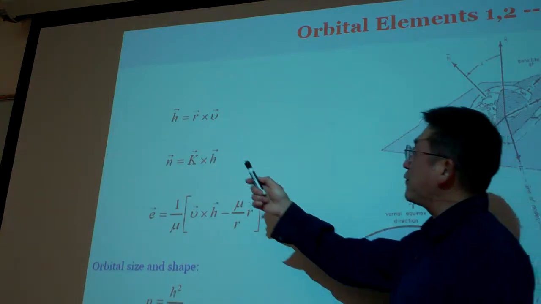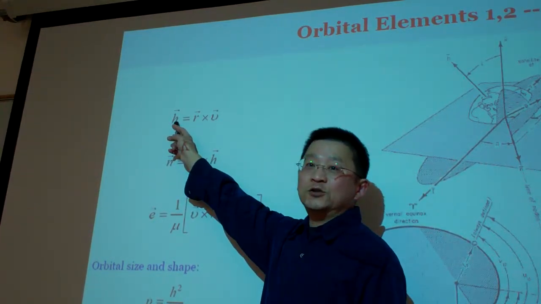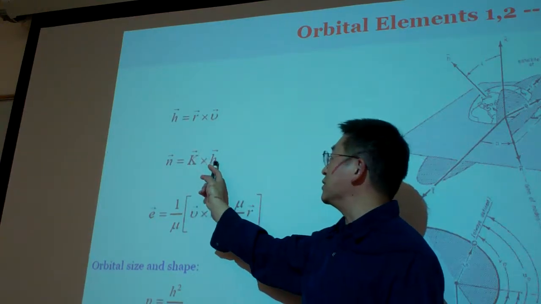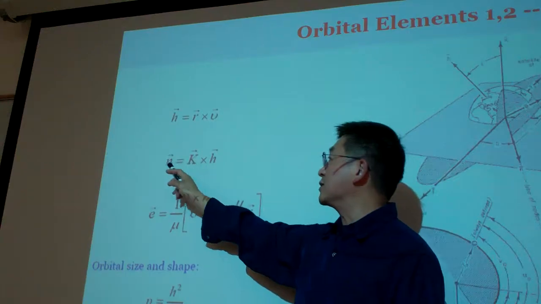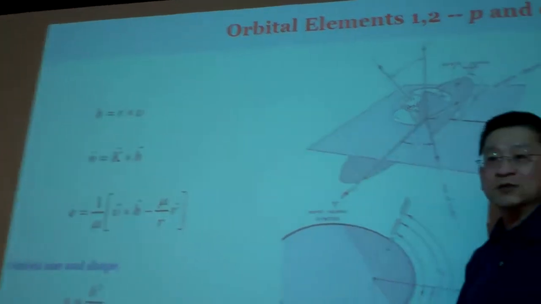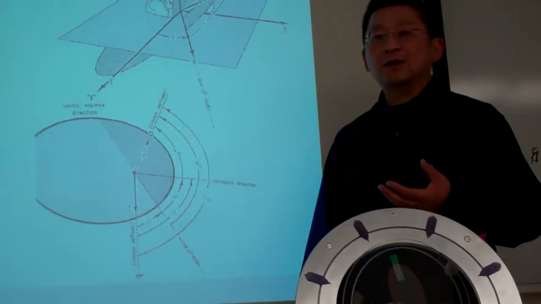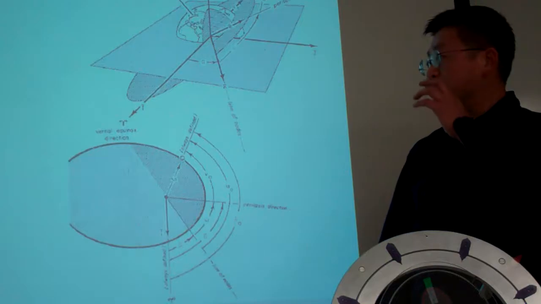So once you have found h, why not normalize h into a unit vector. Once you calculate it that way, that will guarantee n is calculated with normal vectors, because once you involve any magnitude, that will screw things up a little bit, okay?